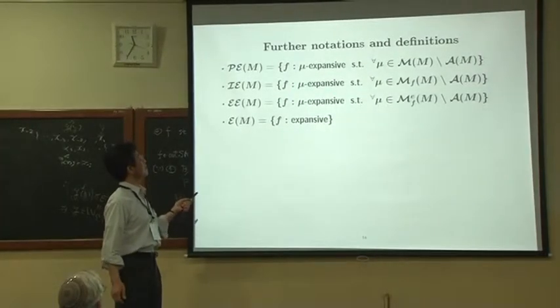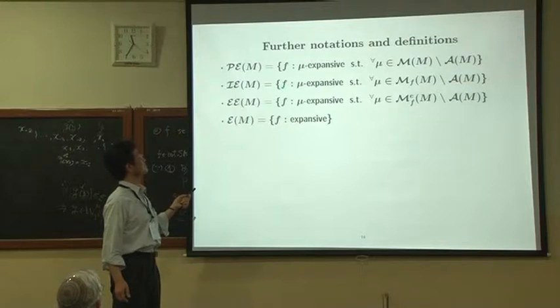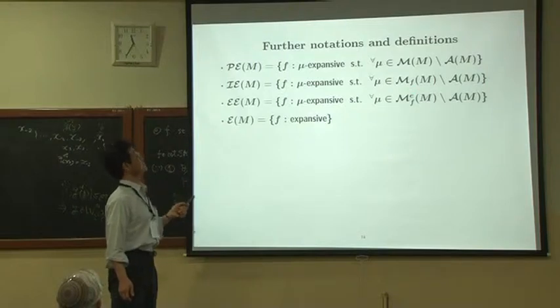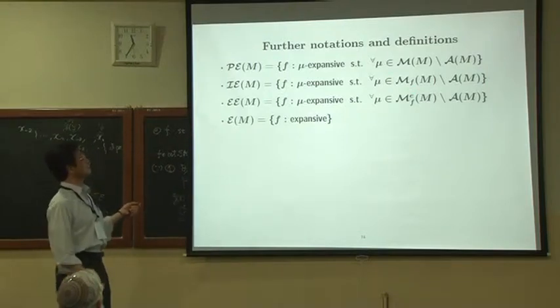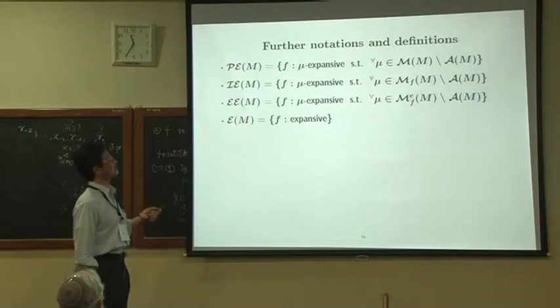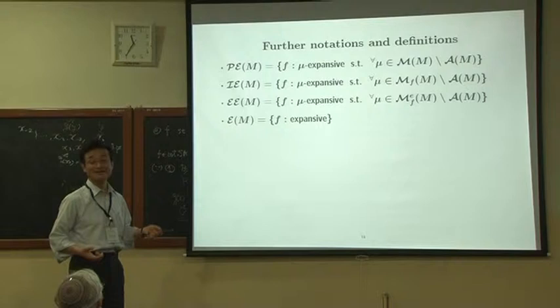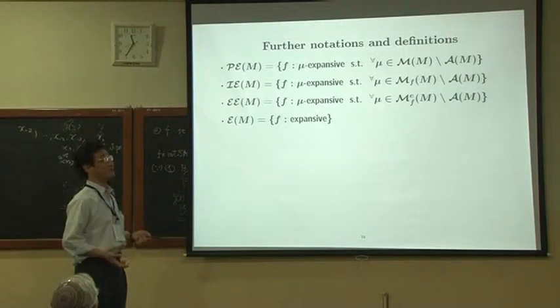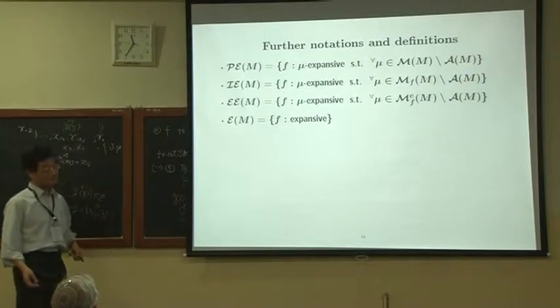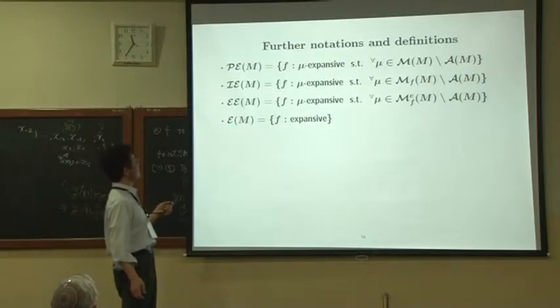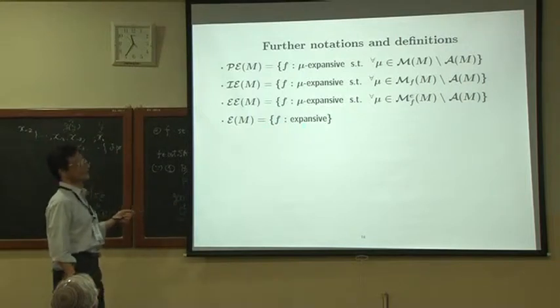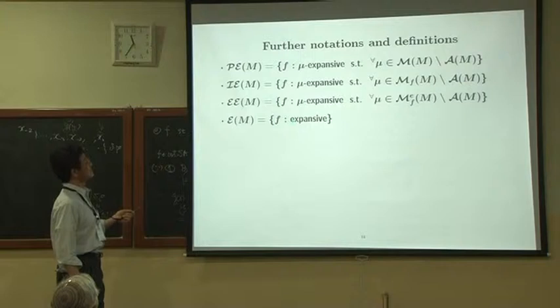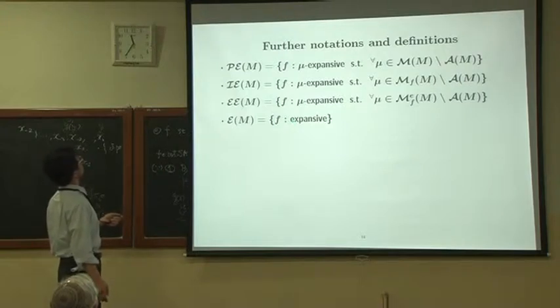And this one is the set of diffeomorphisms such that for any invariant measure mu, F is mu expansive. This set is the set of all diffeomorphisms that are mu expansive for any ergodic measure. We just say EM is the set of all diffeomorphisms that are expansive.